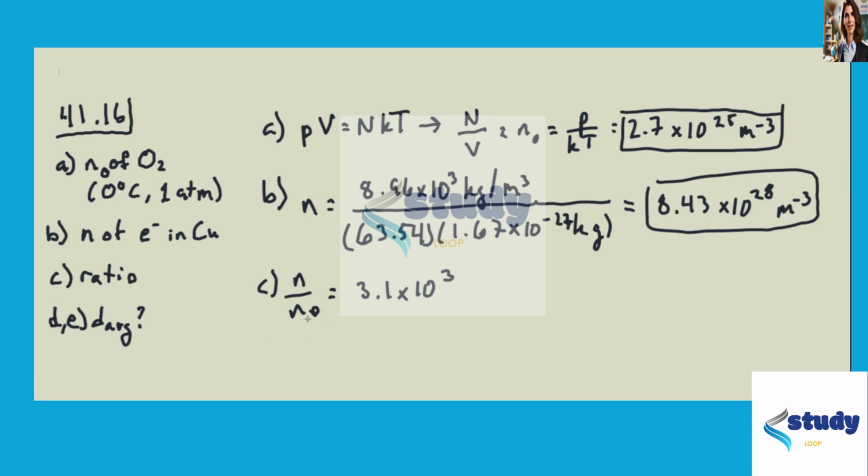And now for D and E, just do them together. The average distance between particles is 1 over the cube root of the number density. You basically just assume that the distance is the edge length of a cube whose volume is equal to the volume each particle has on average.